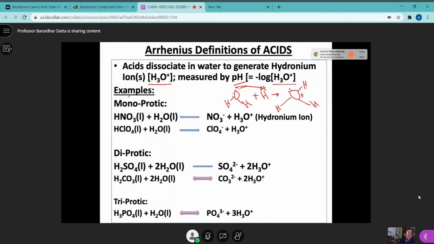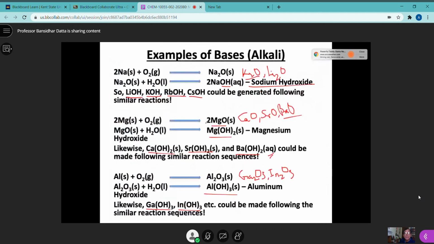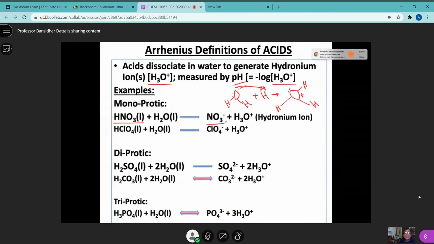Now let's take some examples of acids, how the acid works. Let's say nitric acid plus H2O. It will dissociate into nitrate ion, NO3 minus, plus hydronium ion. Let's say perchloric acid, they are strong acids, plus H2O, gives perchlorate, ClO4 minus, plus hydronium ion.